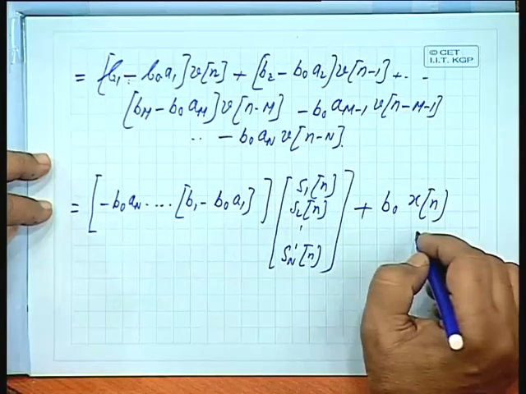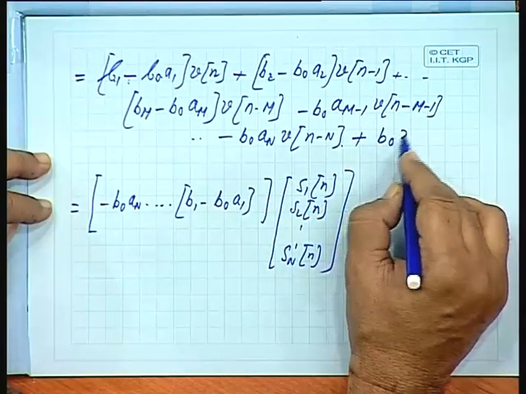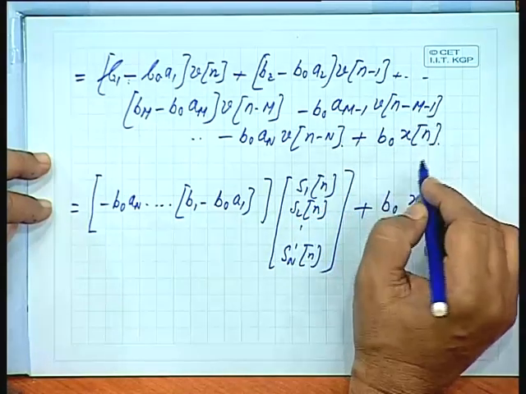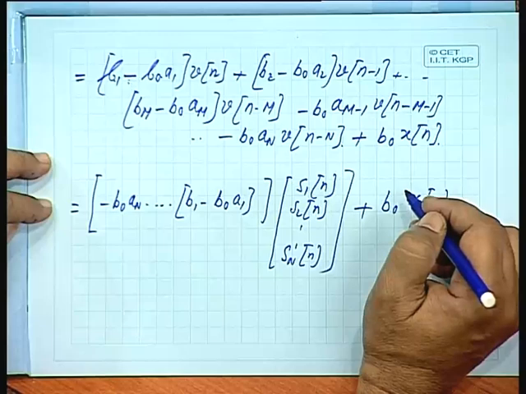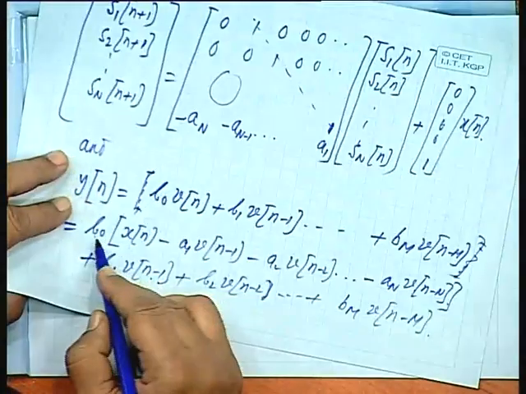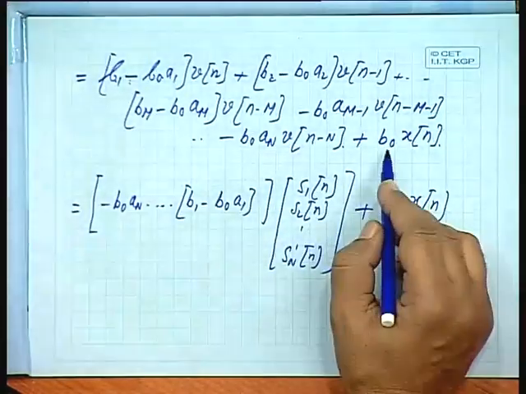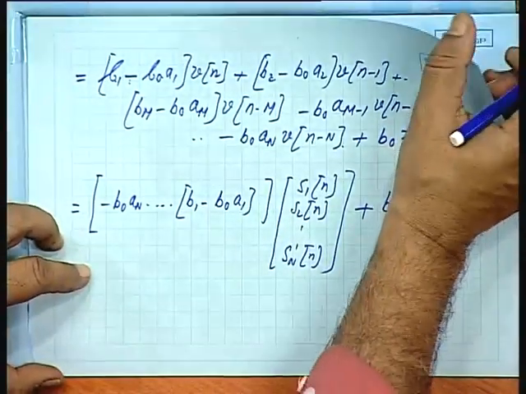Any slip anywhere? Plus b0 xn, this term was missed out. It was b0 into xn, the first term. So, when we clubbed them, that was dropped out by slip.